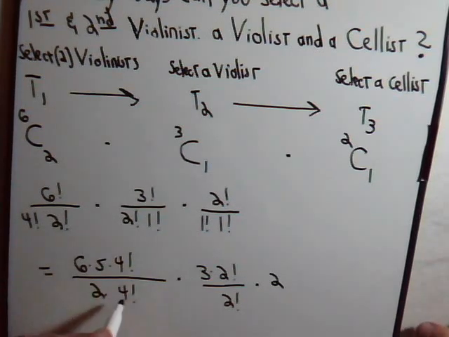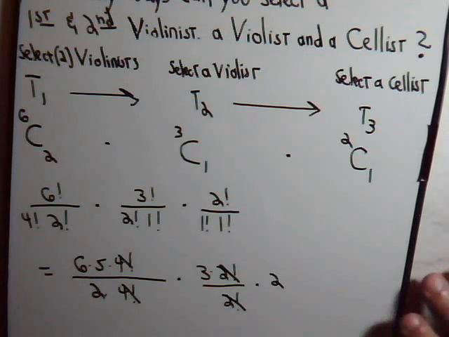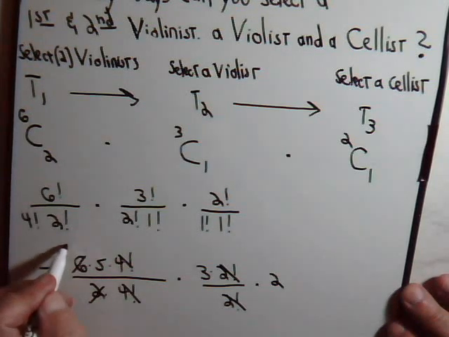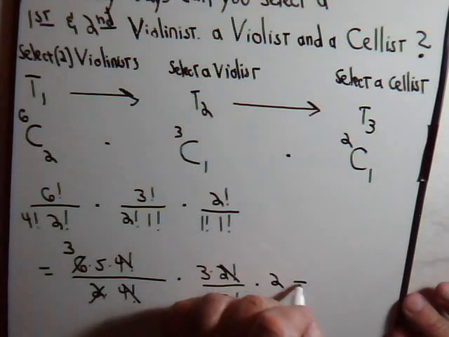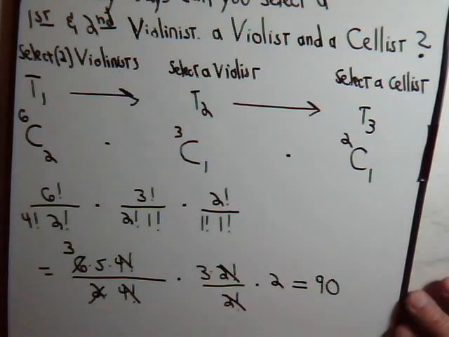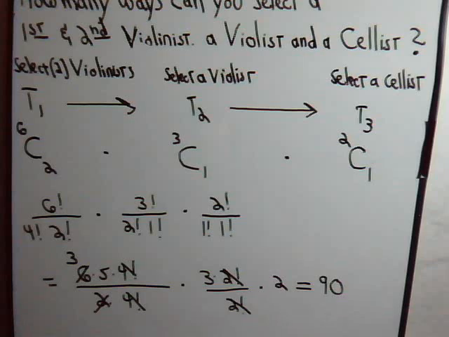So here we are. It looks like this will cancel. These will cancel out. That's 3, so this is going to be 15 times 6 equals 90. So to select the 2 violinists, to select a violist, to select a cellist, that can be done in a total of 90 different ways. Again, just using our basic combination approach and the fundamental counting principle.